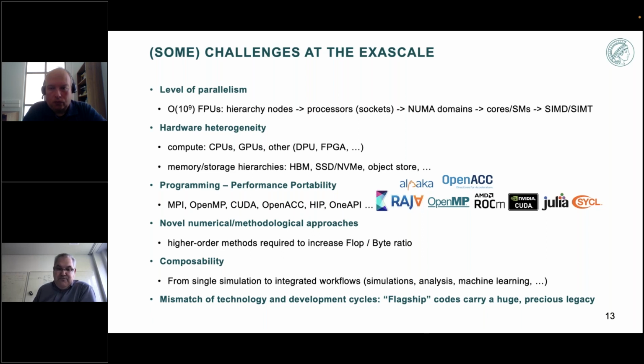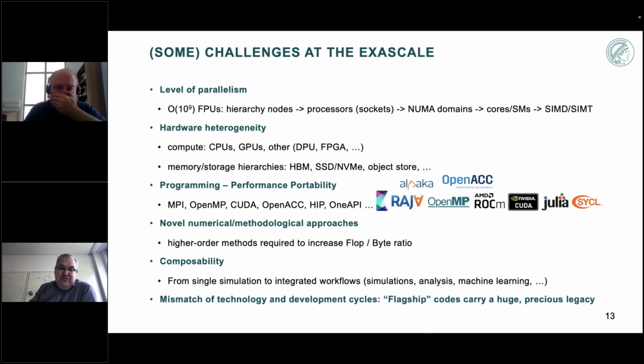Programming, particularly programming for portability, is an issue. We have standard tools that people are using like MPI and OpenMP, but there are proprietary tools, CUDA, particularly HIP, oneAPI, but there's also abstractions that people use to get performance portability, like Kokkos, Alpaka, or RAJA.